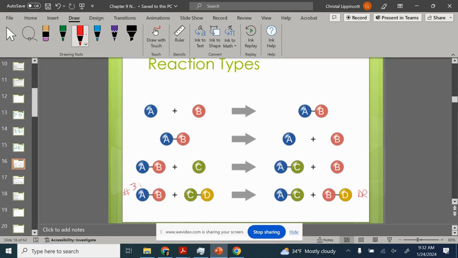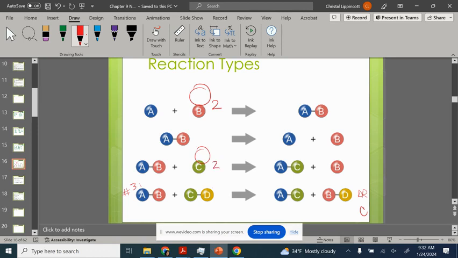Now, Ray was asking about combustion. So combustion reactions are any reaction where you have oxygen as one of your reactants.